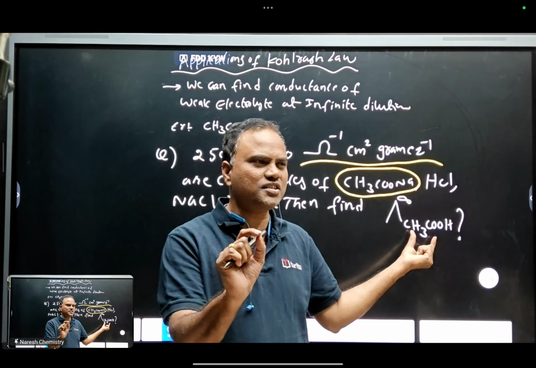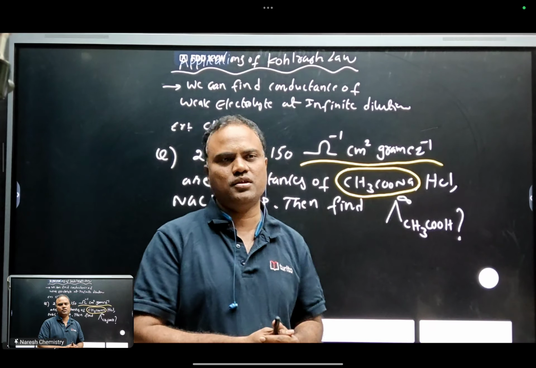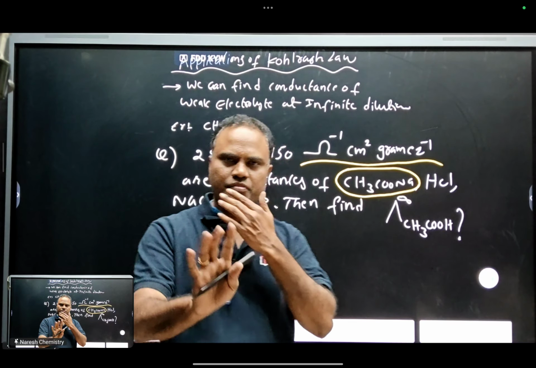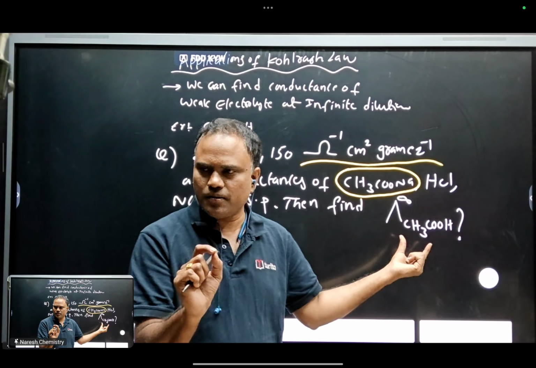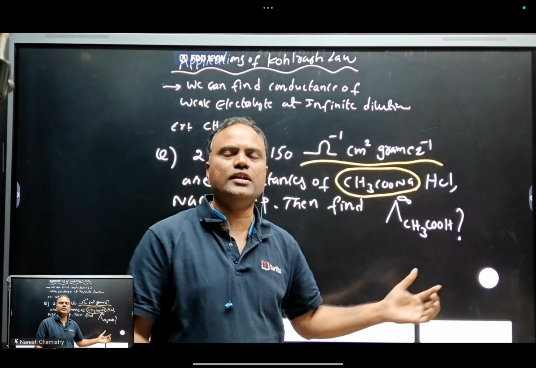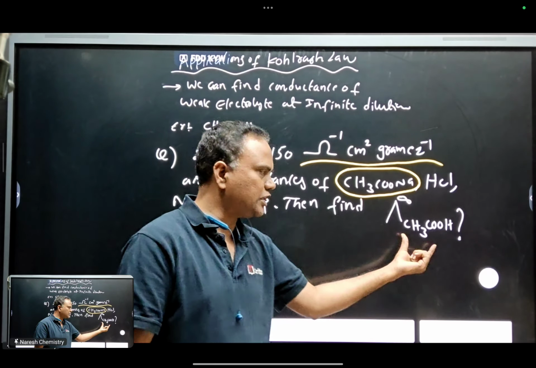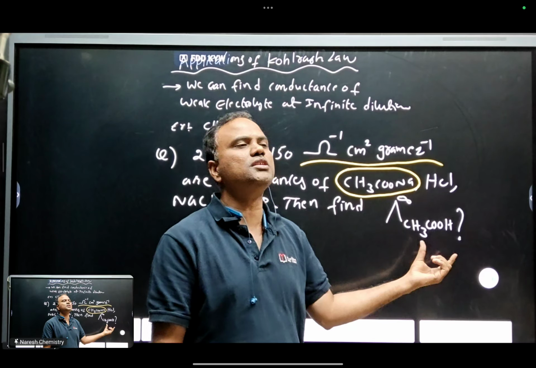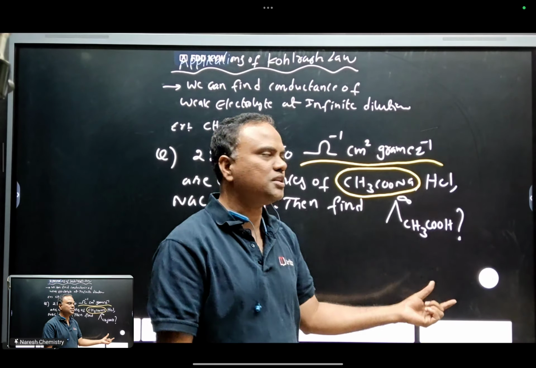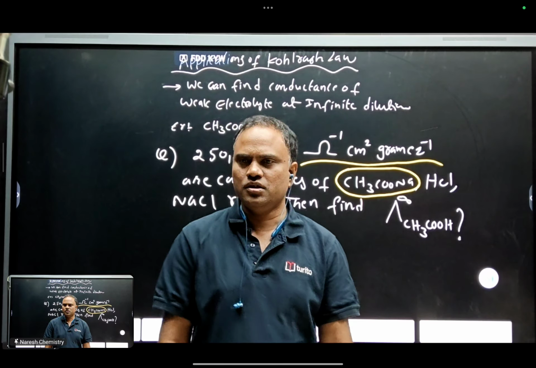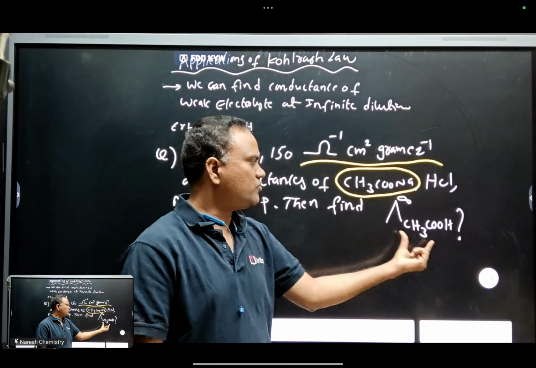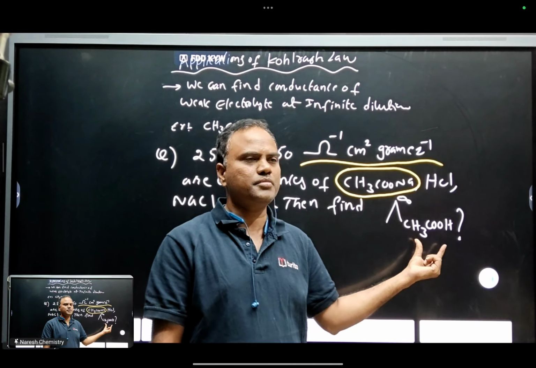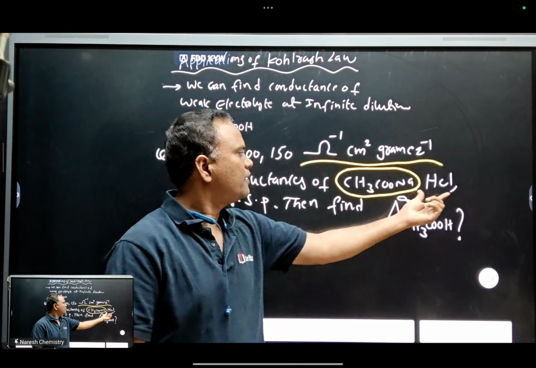In this also CH3COO minus is present or not? Common ion is present or not? You are going to find the conductance of a weak electrolyte. Now, what you have to do, observe the weak electrolyte. What are the ions present in the weak electrolyte? Are the ions present or not in the strong electrolyte? Observe. CH3COO minus, CH3COO minus. Present or not? Yes, present.